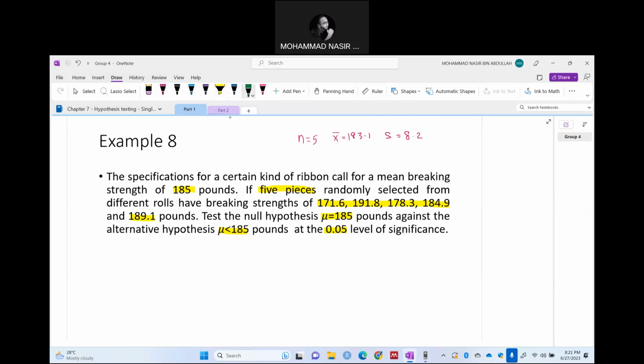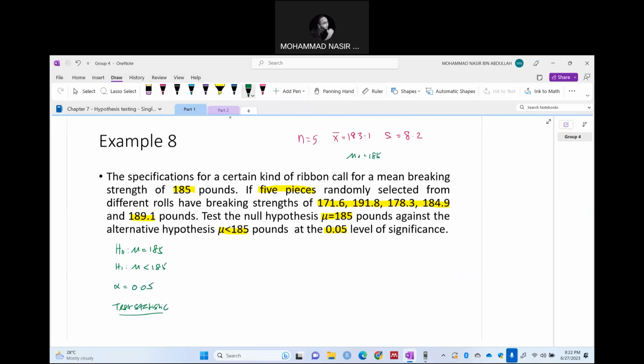Right. So then the first step is mu equal to 185, so mu naught equal to 185. This is all the data that we have in this statement. Alternative hypothesis, mu is less than 185. Alpha 0.05.